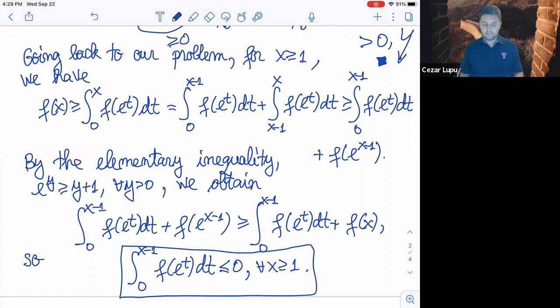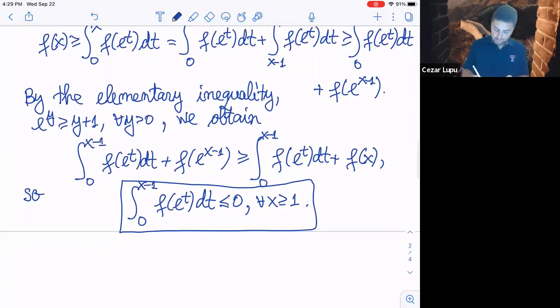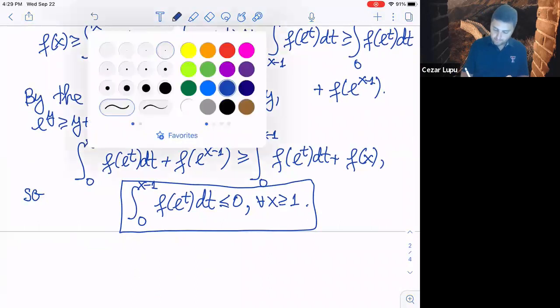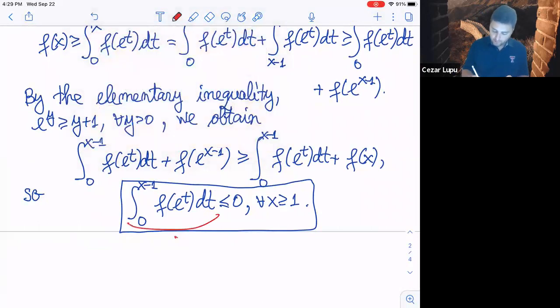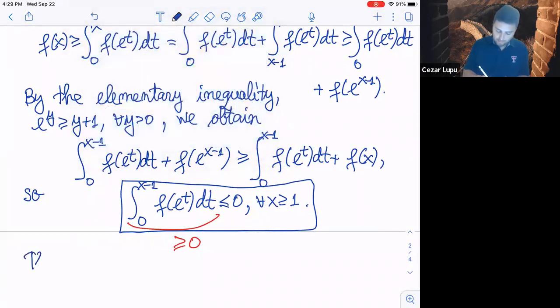Well, but we know that the integral is non-negative, right? If you look at this here, this is non-negative. We know this already. The function is non-negative. The integral is non-negative. So this implies that the integral is actually 0.